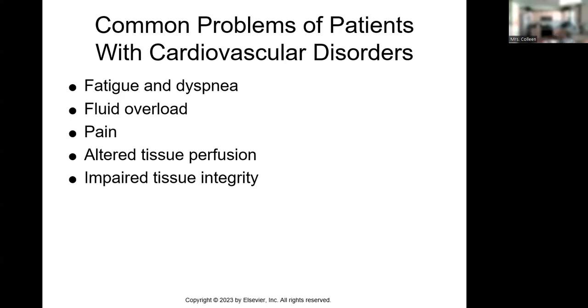Is it in their lungs? Is it around the heart? So that's going to be really important for this patient to be on I's and O's. Okay, so other things to think about when we have cardiovascular disorders, we want to make sure that these coronary arteries, which are responsible for getting blood flow to the cells of the heart, are patent, they're open, they're not all filled up with atherosclerosis.